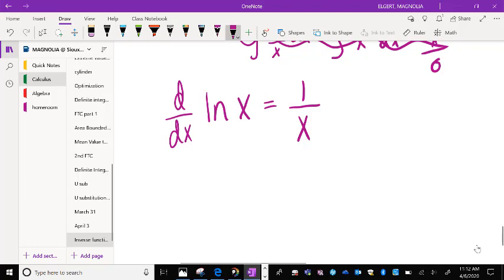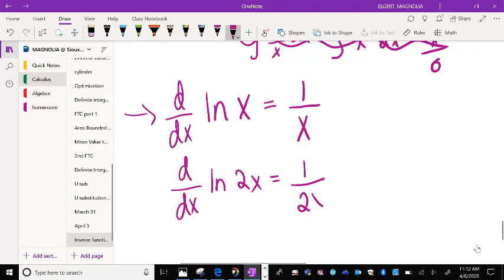This is the basic definition. If I want the derivative of the natural log of 2x, that would be 1 over 2x, because this is my inside function, even if you want to put parentheses around that. But then I'm going to have to multiply by the derivative of that because it's not just x anymore.